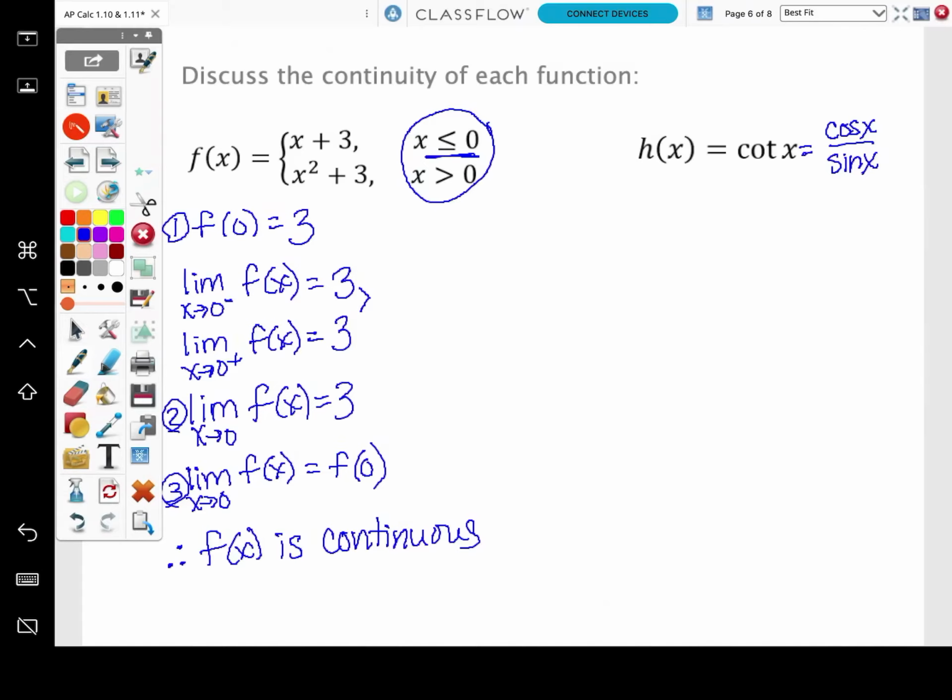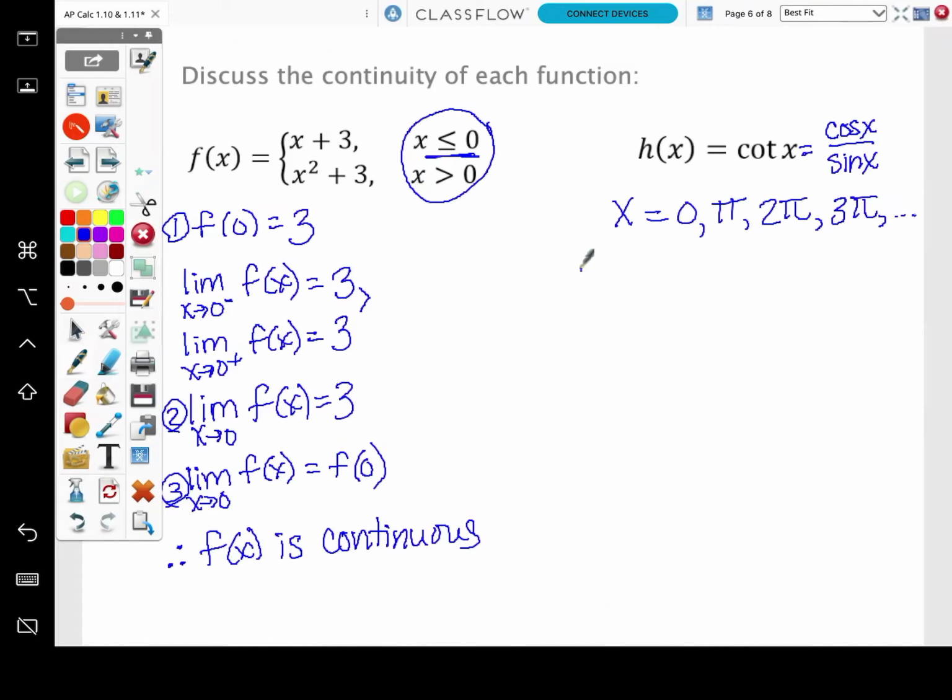That's when we're going to have some discontinuities. So sine is 0 at 0. It's also 0 at pi and 2 pi. And if we continue, it's at another pi and another pi and another pi.